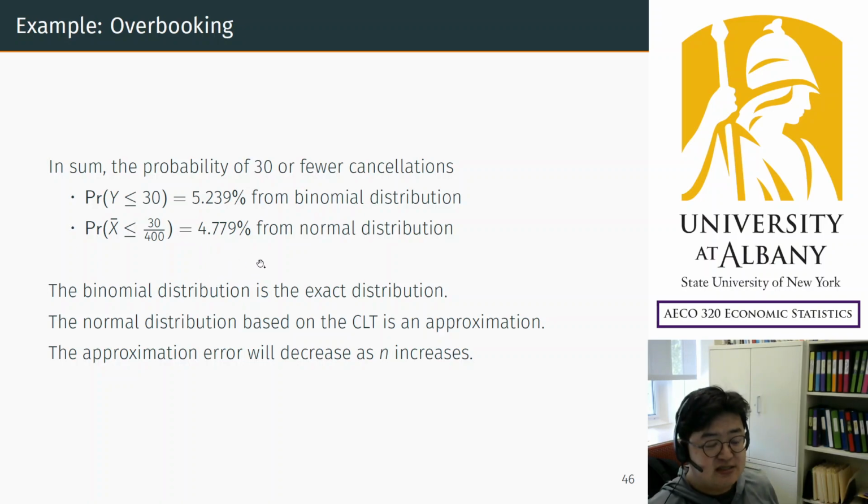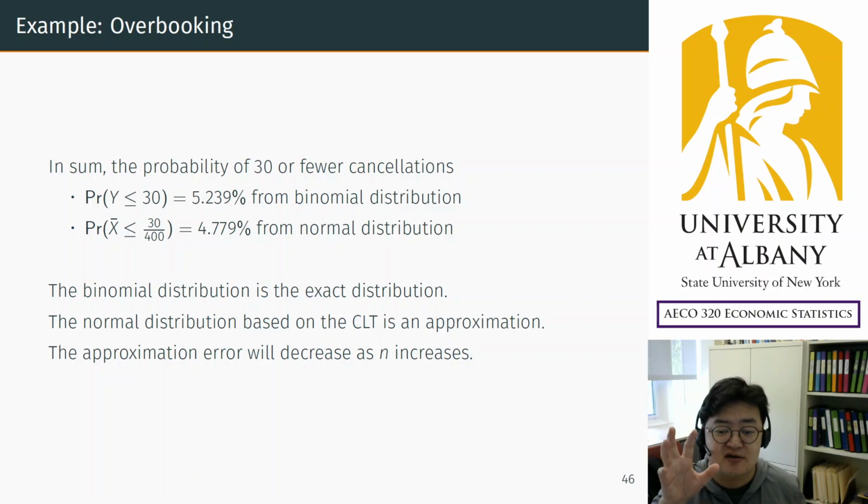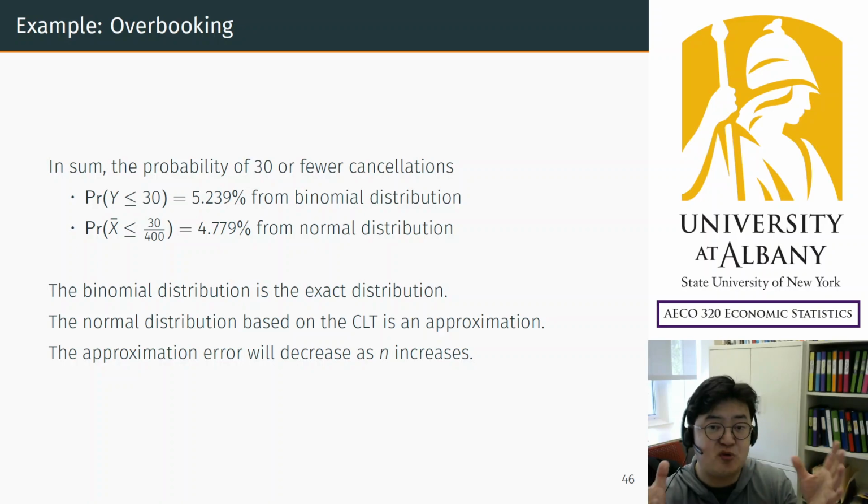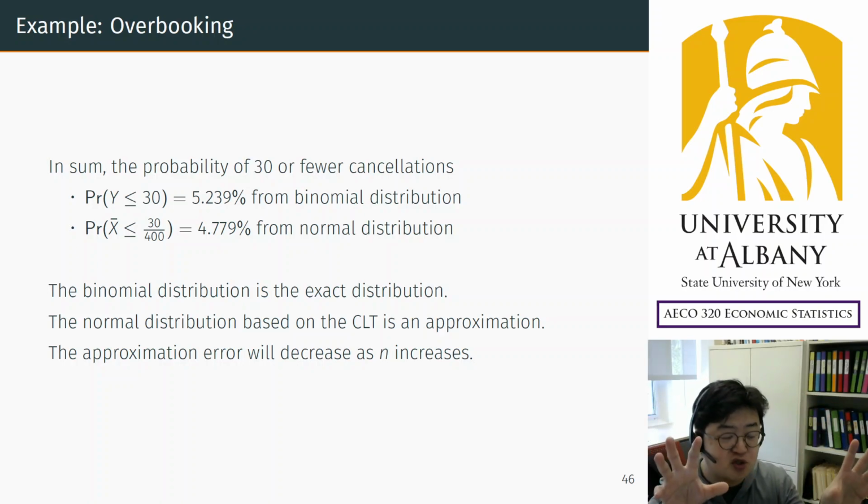So that is the importance of the central limit theorem. And the binomial distribution is one of really few special examples where you can calculate the true probability without approximation, right? And so I want you to understand the difference between true probability, true distribution, and approximation distribution.